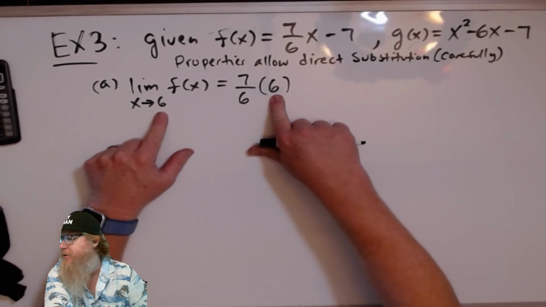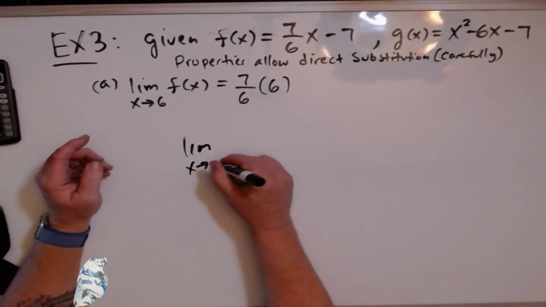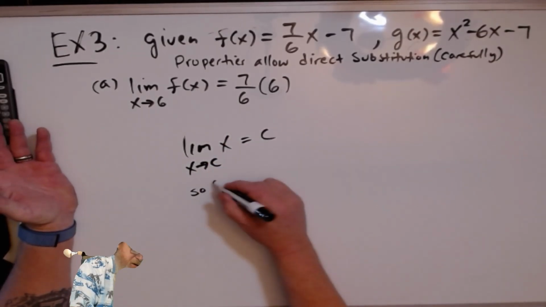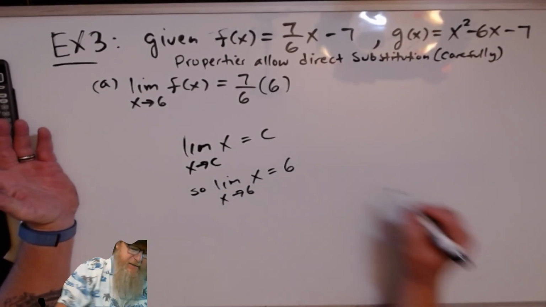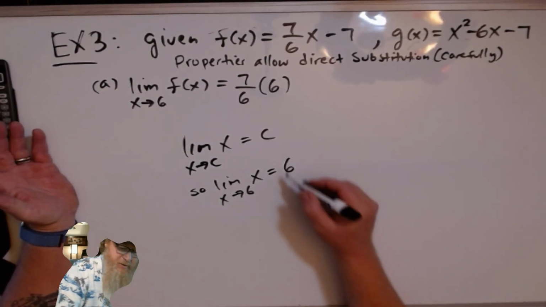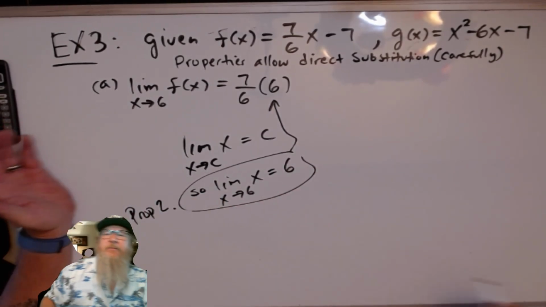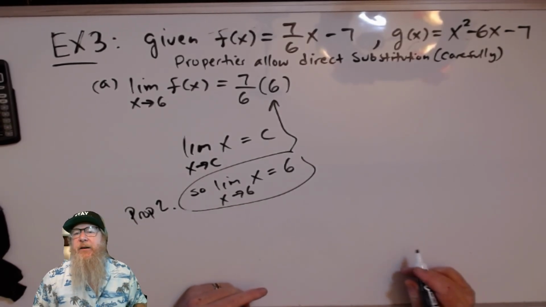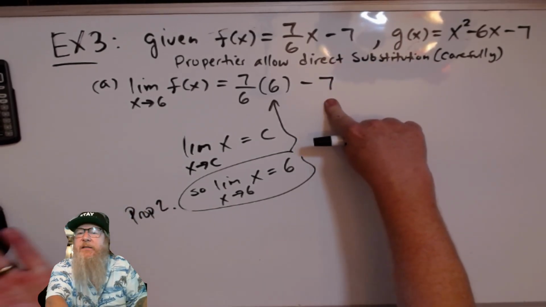That's property number 2. The limit as x approaches c of x is equal to c. So the limit as x approaches 6 of x is 6. If I were making you justify your answer. And then -7. The limit of a constant is a constant.